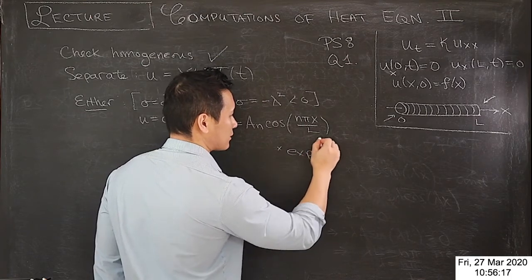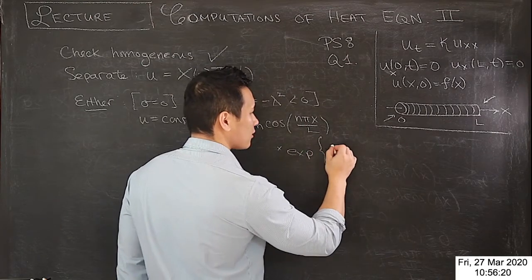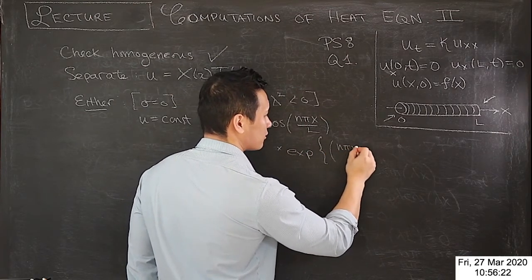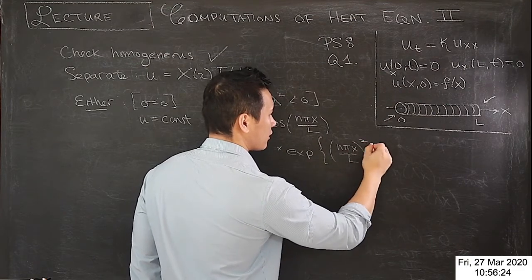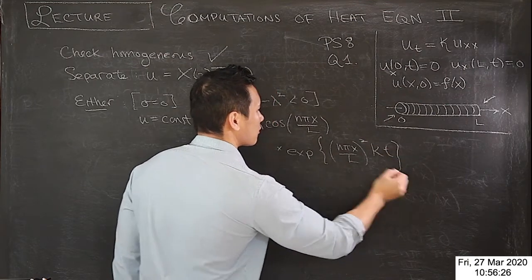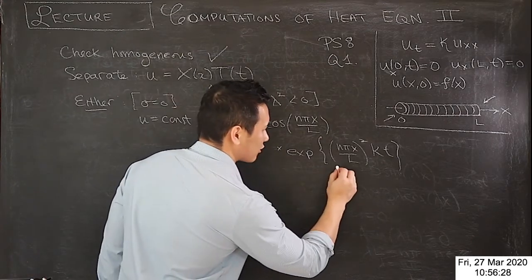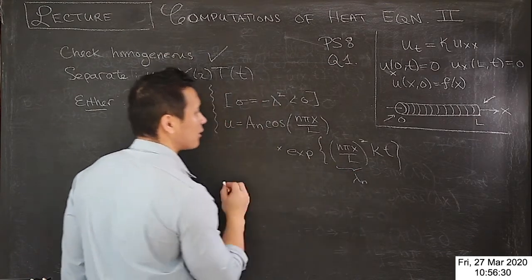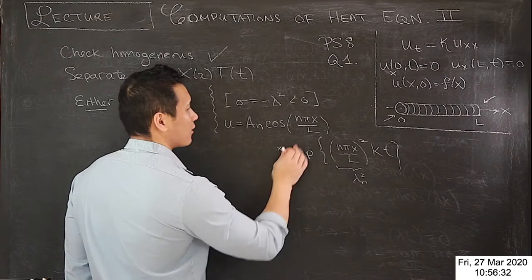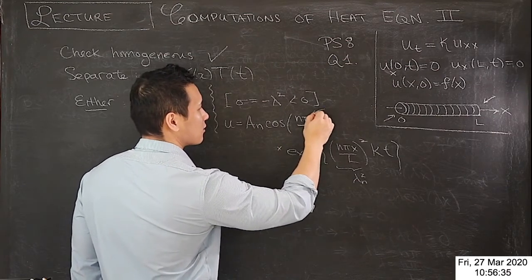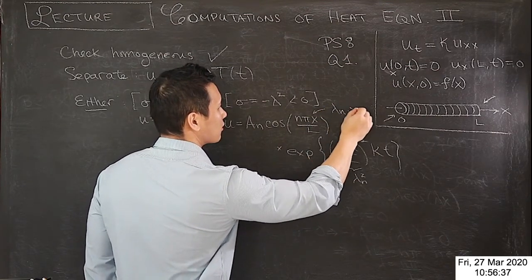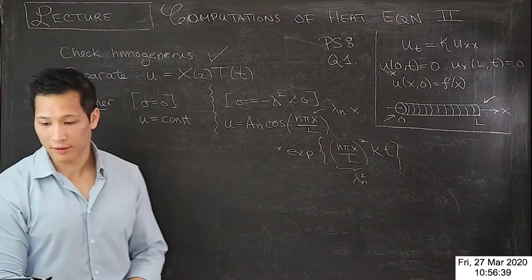Let's write the big exponential form here: e to the minus n pi x over L squared kappa times t. If you don't remember why, this is your lambda n, and so this is lambda n squared, and this is lambda n times x. You've simply substituted in the value for lambda.